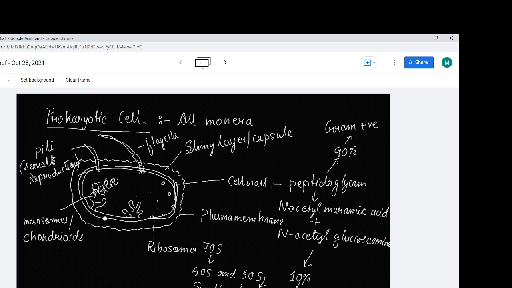And there are some hair-like or bristle-like structures called fimbriae. These help the cell in attaching to another cell during the time of infection. So if the cell wants to infect another cell or attach itself to a host, then fimbriae are required.